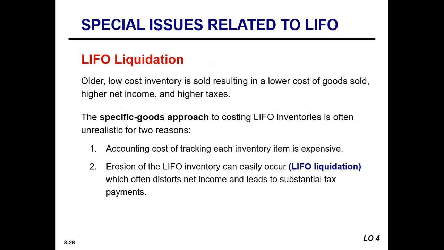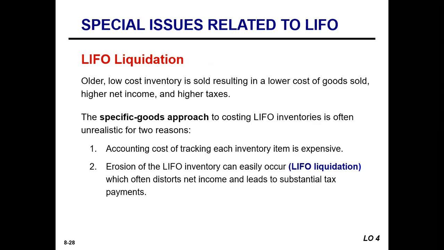So if prices have gone up, it's going to basically inflate our income because we're selling these goods at current price levels that may have increased. However, the goods are older, and they were cheaper when they were purchased at a prior accounting period, right? So that's what it's talking about here. Older, low cost inventory is sold, resulting in a lower cost of goods sold, higher net income, and higher taxes.